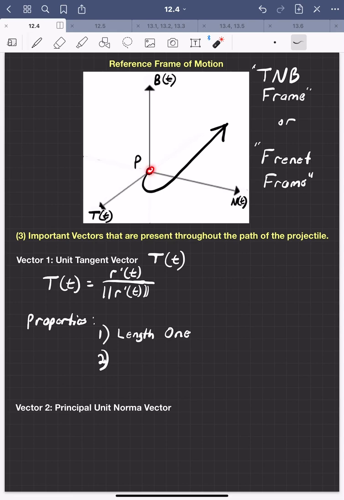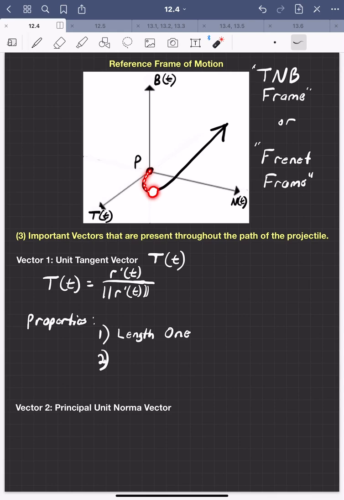But the second property, which is more important to us, is, let's look at the picture really quickly. Again, imagine this projectile starting at point P, and notice how T of t points in the direction of motion, right? It's letting us know which direction we're going to proceed from where we are. Now, you have to be able to envision that as your projectile moves, your vector, T of t, moves with it, right?